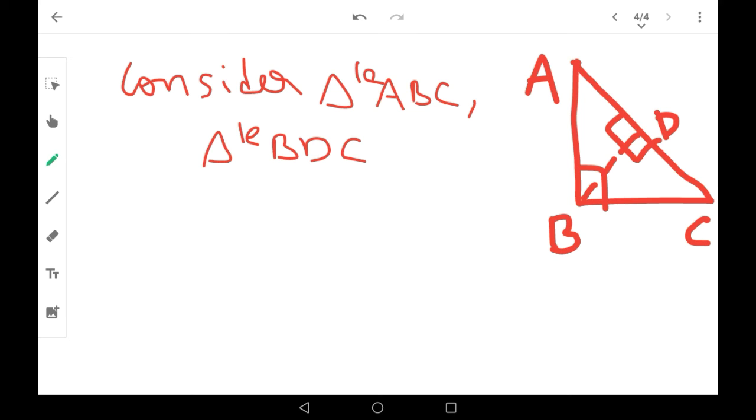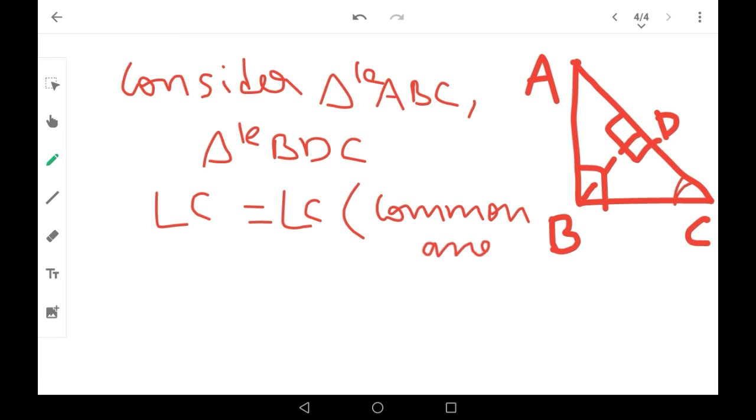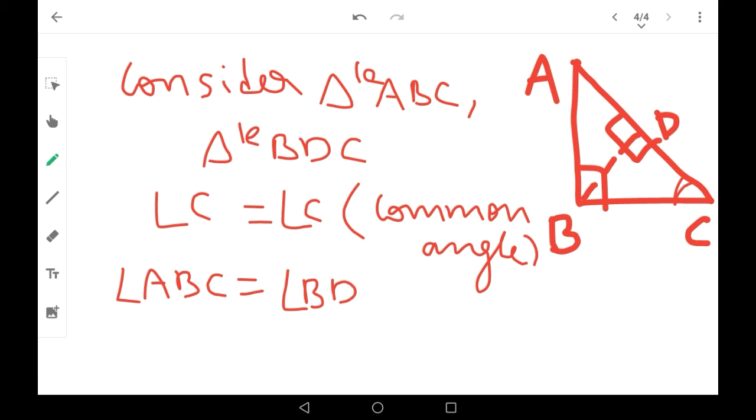Observe both the triangles. In both the triangles, angle C is common. So angle C is equal to angle C, which is the common angle in both the triangles. What else? Angle ABC in triangle ABC is equal to angle BDC in triangle BDC, both equal to 90 degrees.